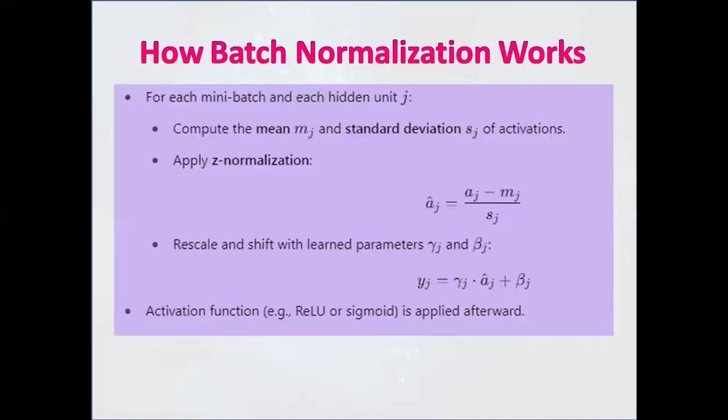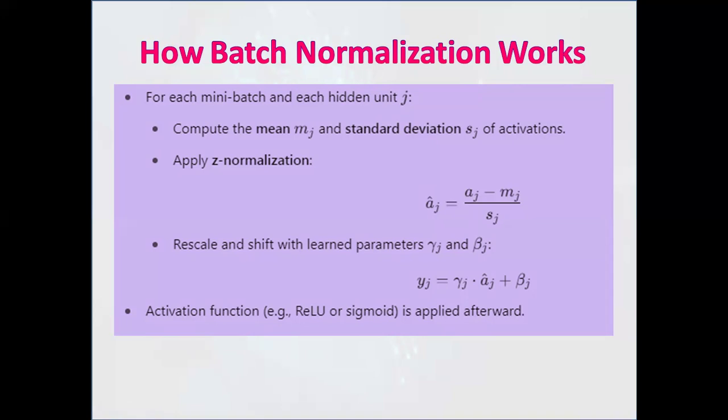Next, how batch normalization works. The batch normalization process works by calculating the mean value and the standard deviation of the activations of each hidden unit within a given mini batch.